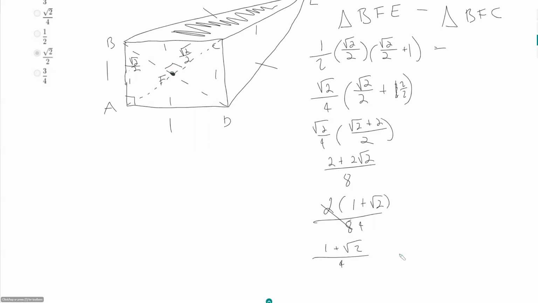So the area of the triangle BFC should just be 1/4. And now, thankfully, these are set up so they already have a common denominator. So I'm left with 1 plus rad 2 minus 1, which is just going to leave me with rad 2 all over 4. And that is answer choice B, it looks like.